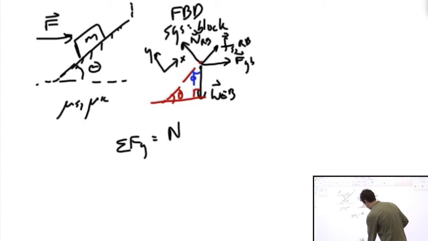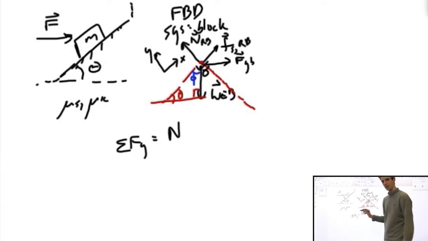If I draw a dotted line like this, then this angle right here makes a right angle with the entire thing. And so this one's theta, because theta and phi now add up to this 90-degree angle. Now, keep in mind, I want to break both of these down into x and y components.